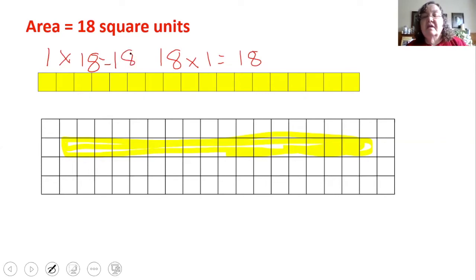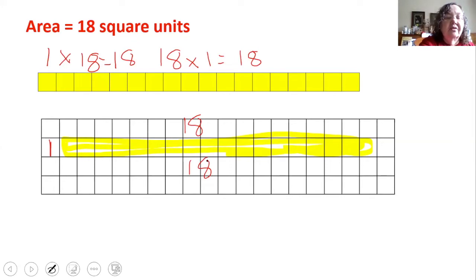Wonderful. So I know that the area is 18 square units, but now I need to think about what the perimeter is. So I know it is 1 by 18, and on this side it's also 1 and 18. So it has 4 sides.